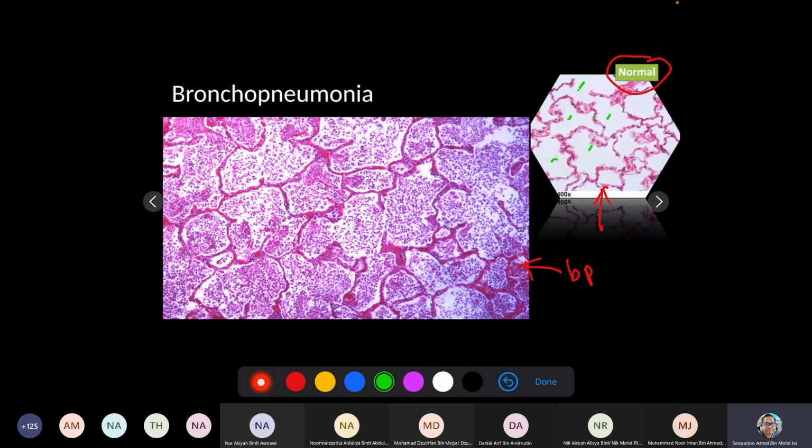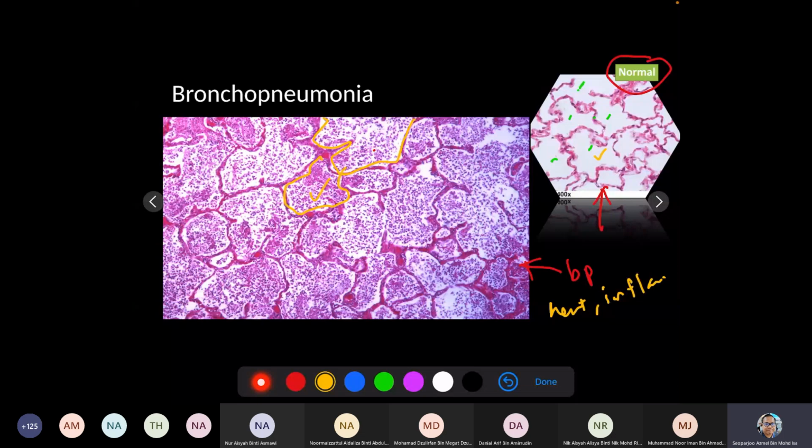But in bronchopneumonia, you can see that there's a lot of, this is one alveolar space. Sorry, I changed the color first. Okay, this is one alveolar space. This is another alveolar space. If you compare this one with this one, there's something inside it. What is inside the alveolar spaces here is actually neutrophils, other inflammatory cells, for example lymphocytes, and sometimes you can see bacterial colonies and also macrophages and also some red blood cells.